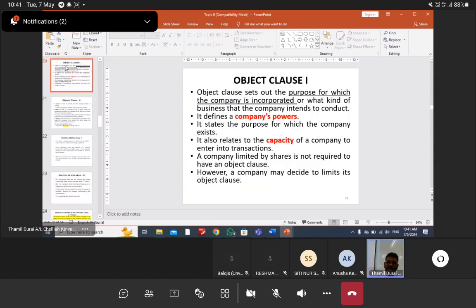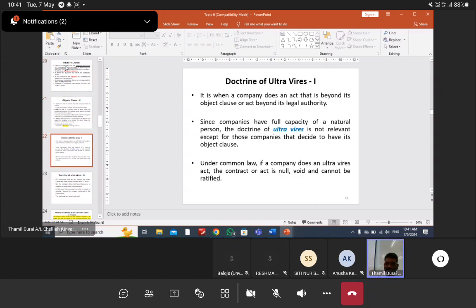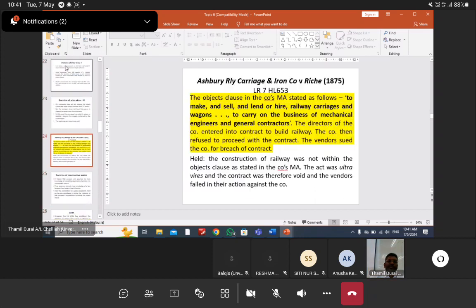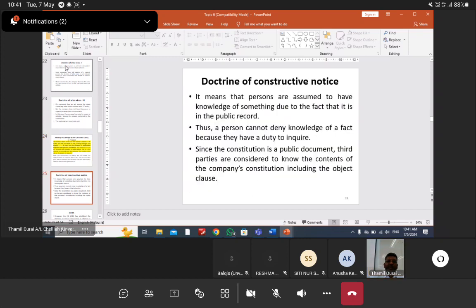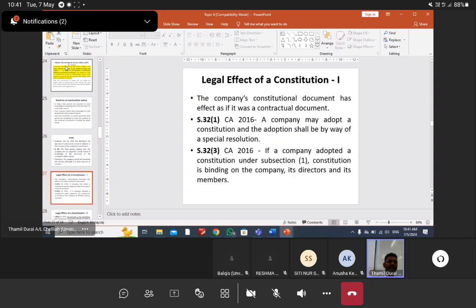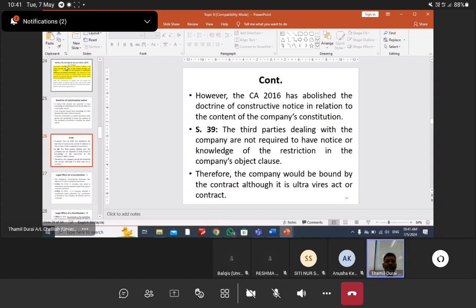It's supposed to be what the object is, when it becomes ultra vires. Case of Ashbury Railway. Constructive notice is no longer feasible, that means no longer valid in modern days. Okay, that's it. Up till that.